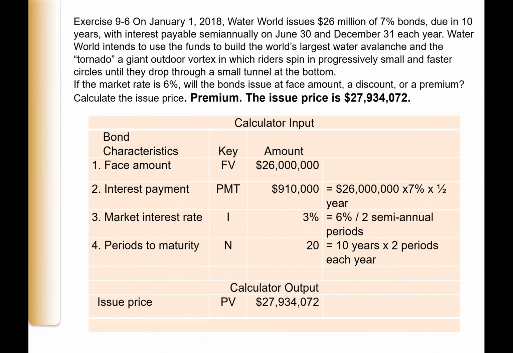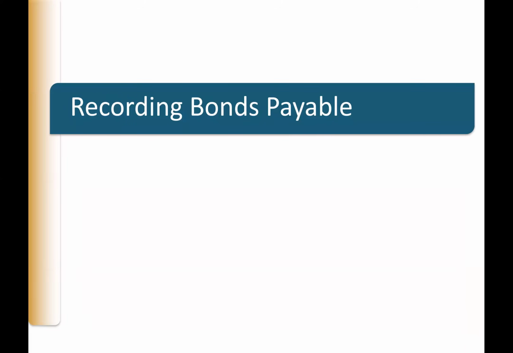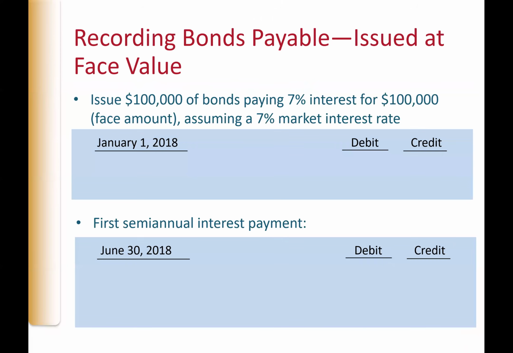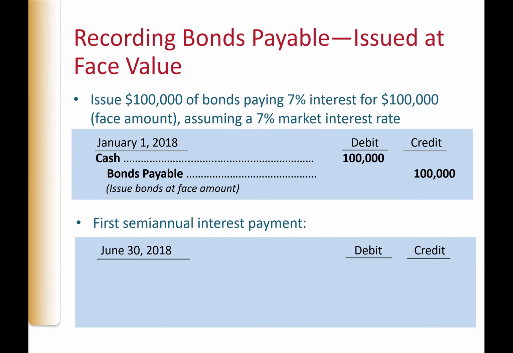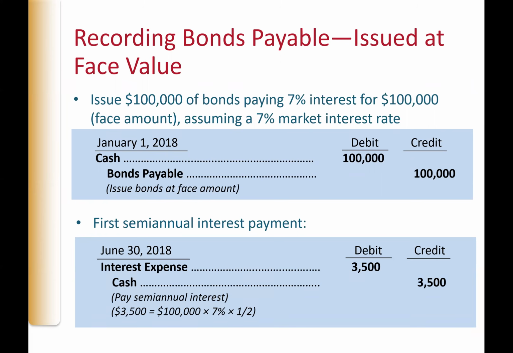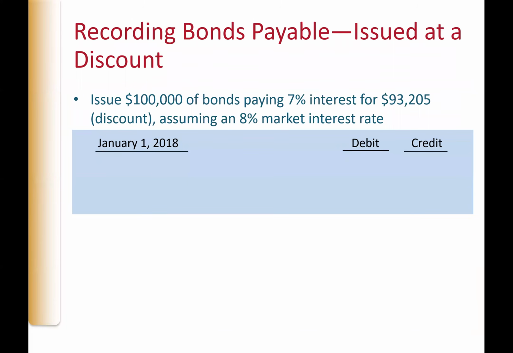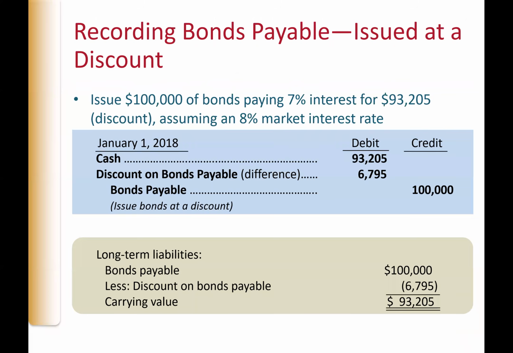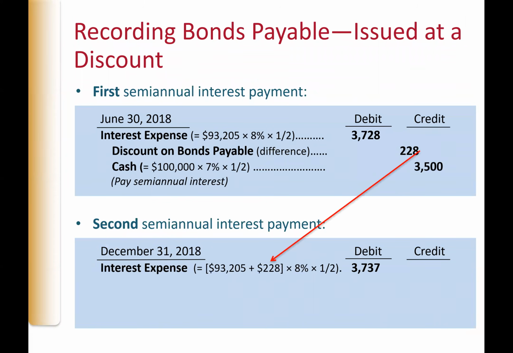Then we went through some problems just to get a grasp on this information. And we also learned how to go about recording these bonds when they're issued at a face amount, along with the interest payments. But more important is knowing how to record them when they're issued at a discount or when they're issued at a premium.